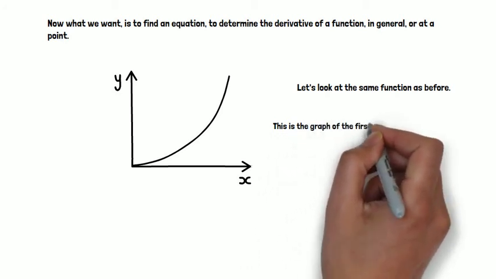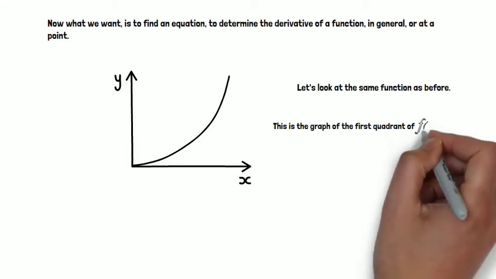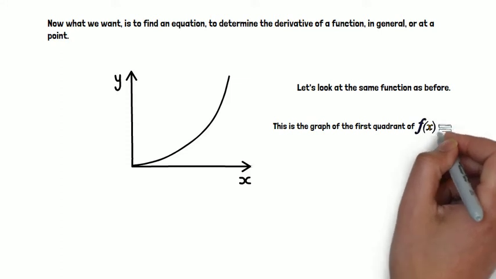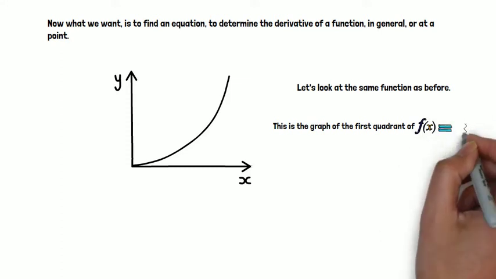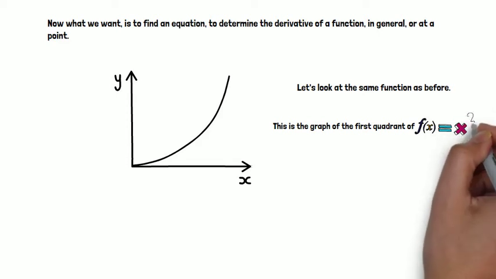This is a graph of the function f of x equals x squared in the first quadrant, of course. Now we're going to put our tangent line to work and use the limit definition of the derivative to find an expression for the derivative.